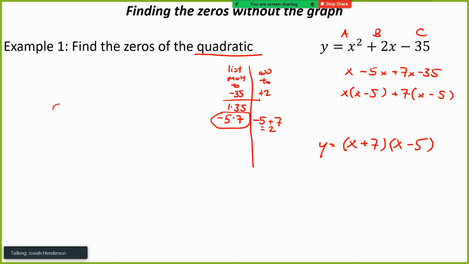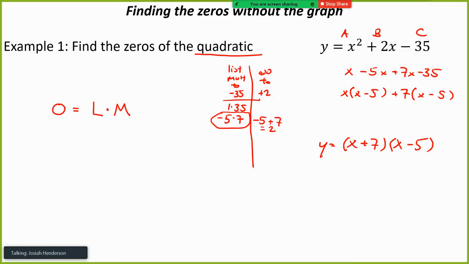Let's say we have two numbers. I don't want to call them A, B, and C, and I don't want to call them X and Y. So let's call them L and M. Okay, L times M. Let's say we were multiplying two numbers together and they were equal to 0 when multiplied.